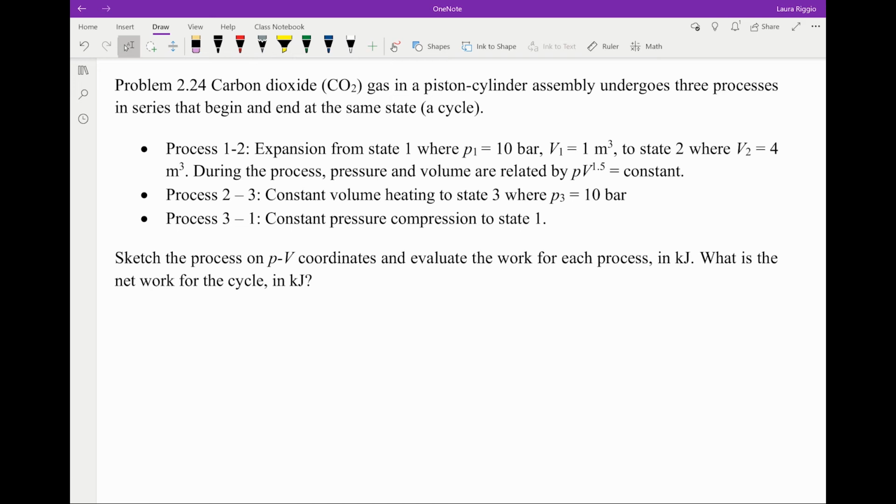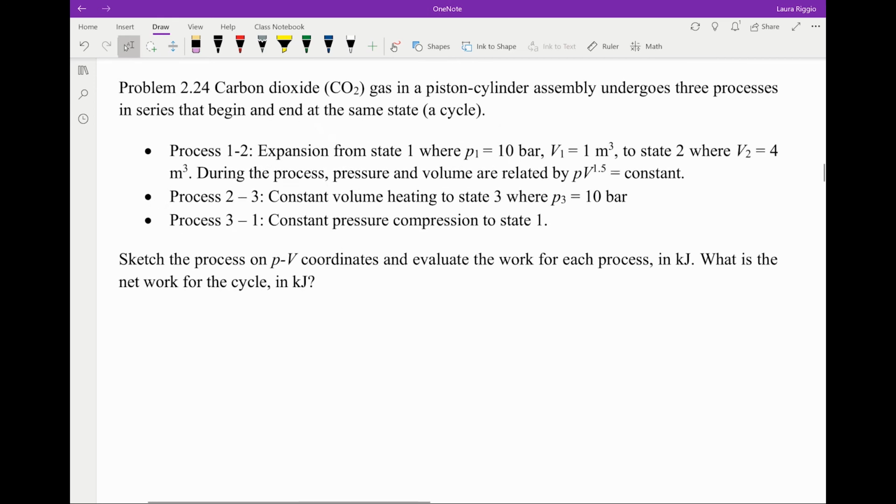Process 2 to 3 is a constant volume heating to state 3, where P3 is 10 bar. And then process 3 to 1 is a constant pressure compression back to state 1. We're going to sketch the process on a PV diagram, and then we're going to evaluate the work for each process and the net work for the cycle.